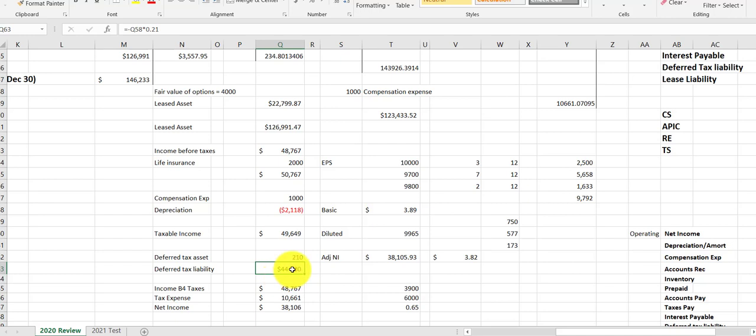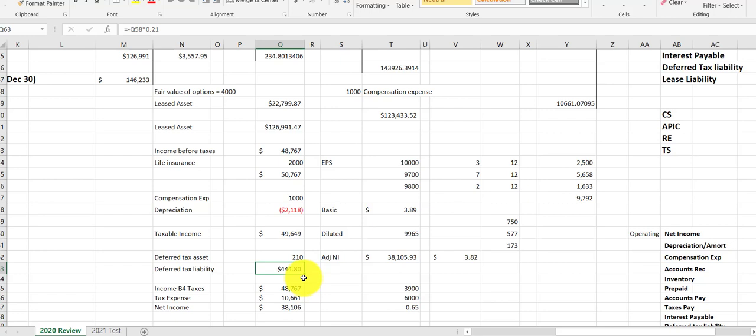So we have a debit to deferred tax asset, credit to tax expense, and we have a credit to deferred tax liability, and a debit to tax expense for $445 if you round.